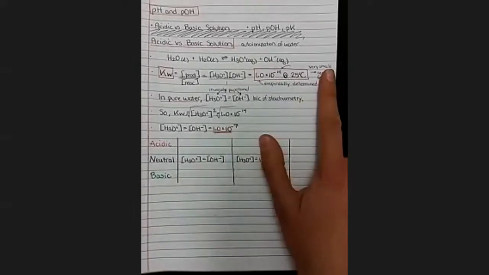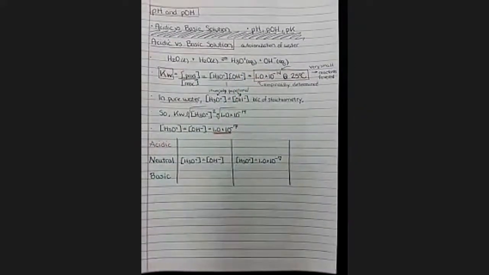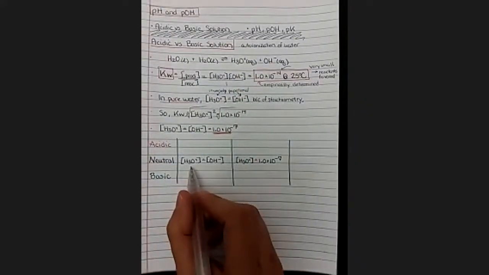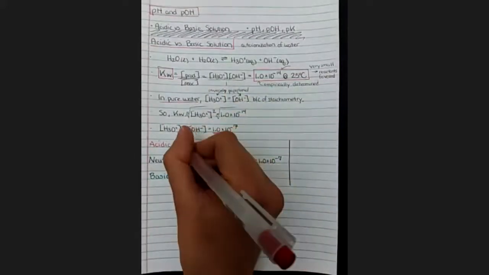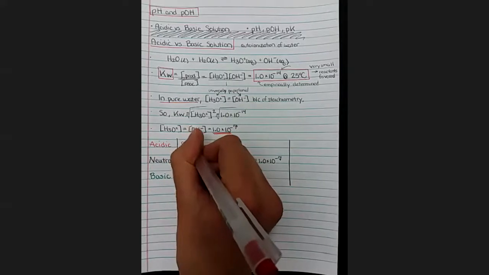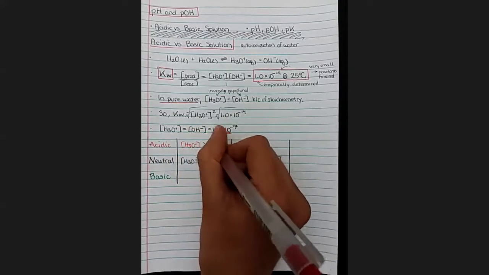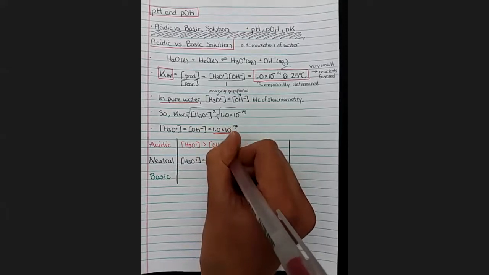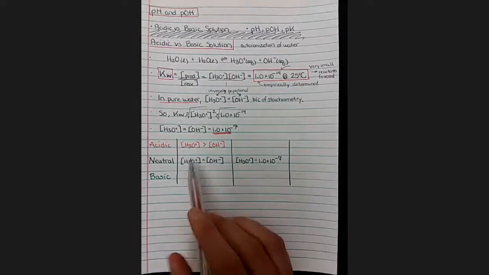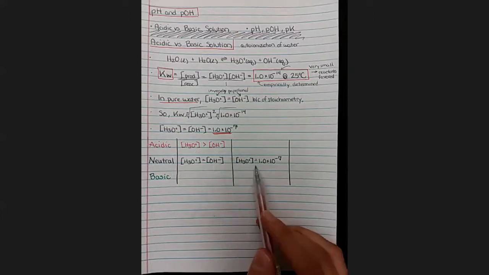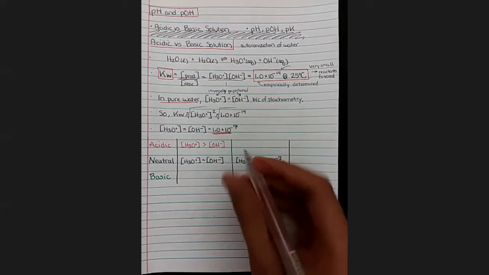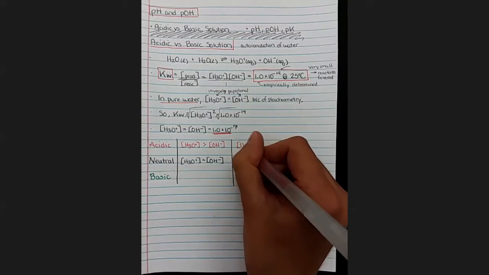So if we have an acid, the acid is going to increase the amount of the H3O plus that we have in the solution. So the H3O plus term is going to be larger than the other one, larger than the OH minus. And if we have more H3O plus than OH minus, then the H3O plus is going to be larger than it is at the neutral situation.